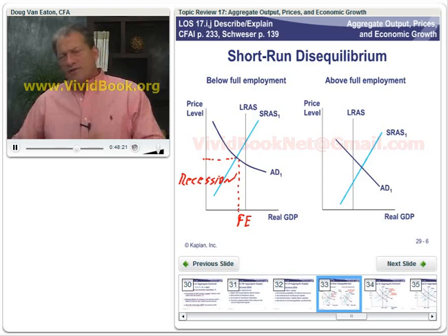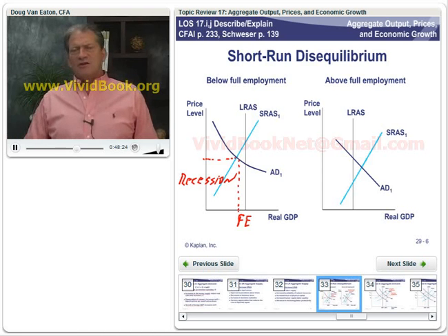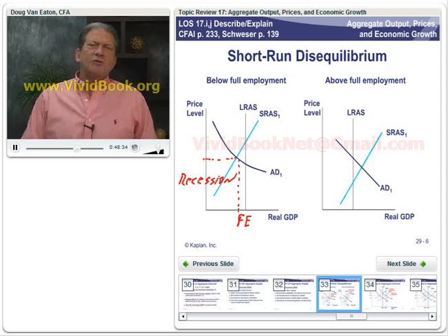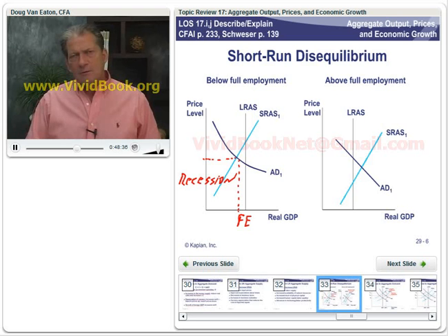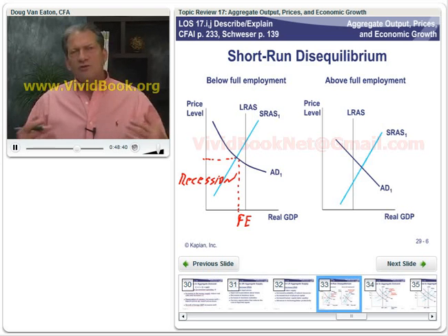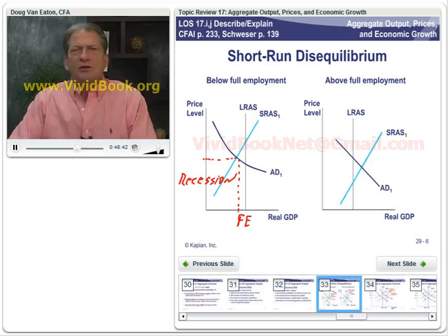Now, what did I say the mechanism was to get us back to long-run equilibrium? Well, we've got to move that short-run curve over time. And the idea is in a recession, higher unemployment, lower use of productive inputs, these prices should fall. And that's what the classical economists said.